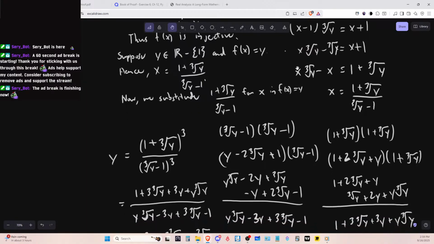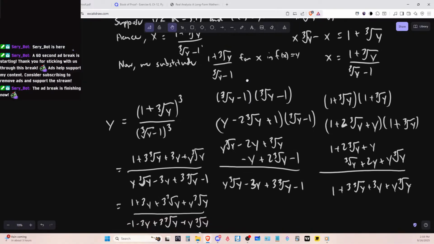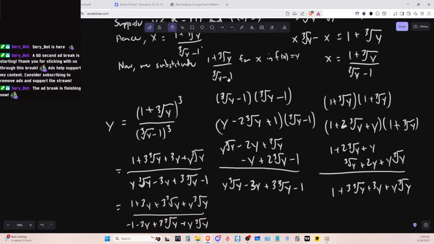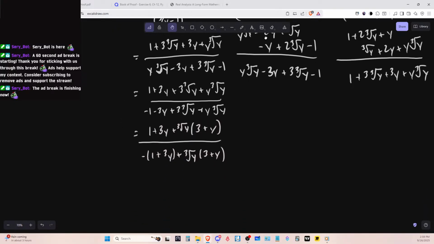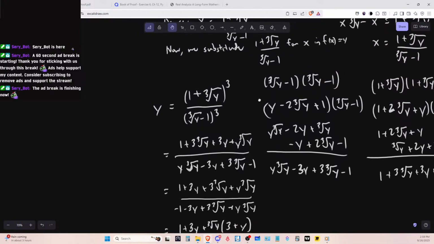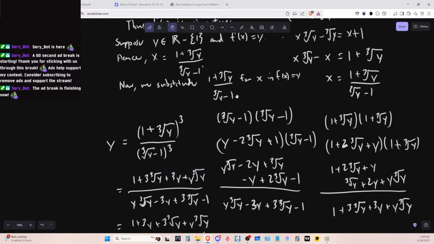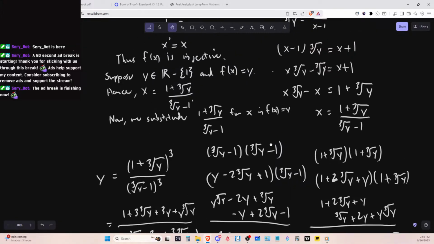I'm trying to figure out exactly what it is that we're missing here, unless we had to rearrange it so it's negative over positive. So what is it that I'm missing here? Because this is just a negative version of this.